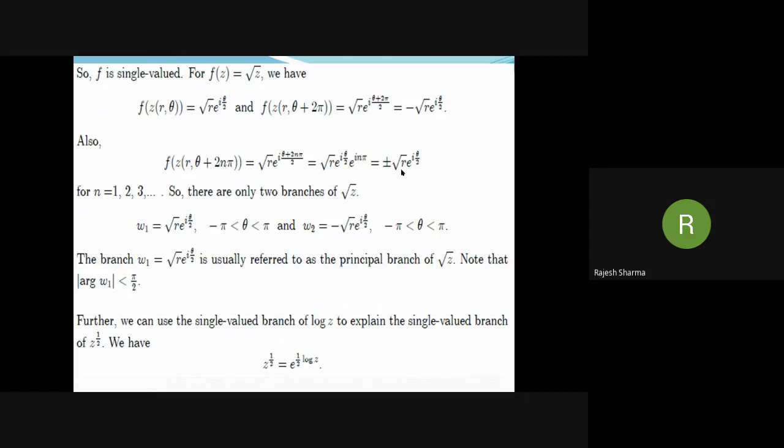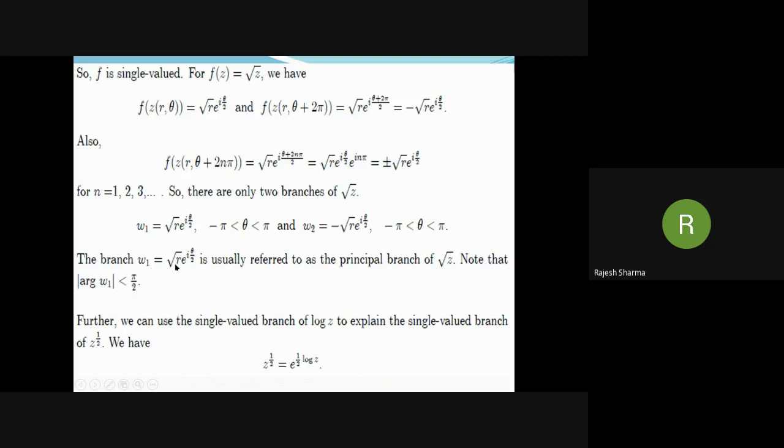So this also shows that there are two branches of root z. One is denoted as w1 = √r e^{iθ/2}, and we take θ to be in the interval minus π to π. And w2 = minus √r e^{iθ/2}. Again, θ is in this interval.